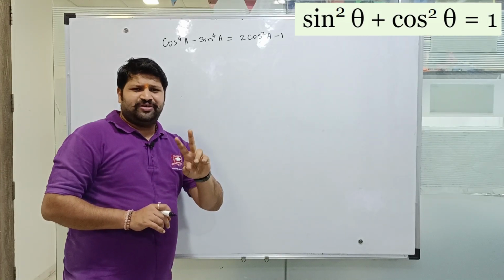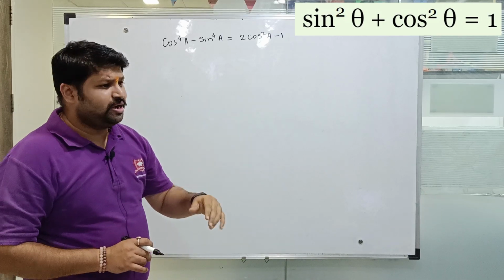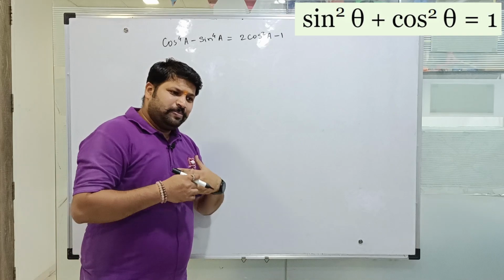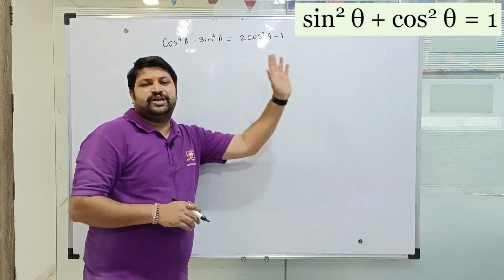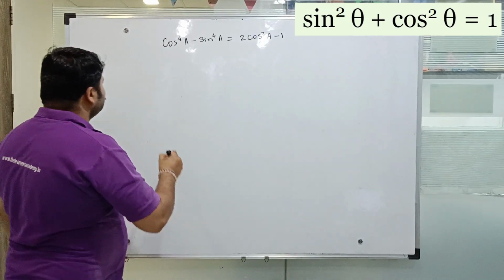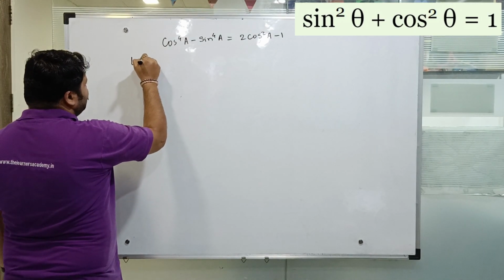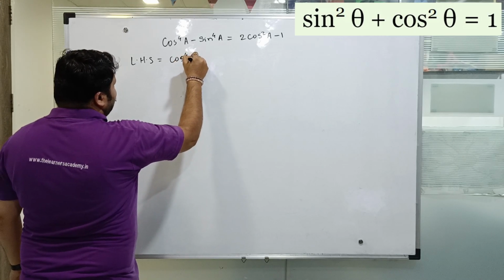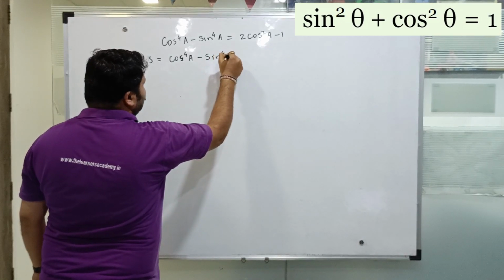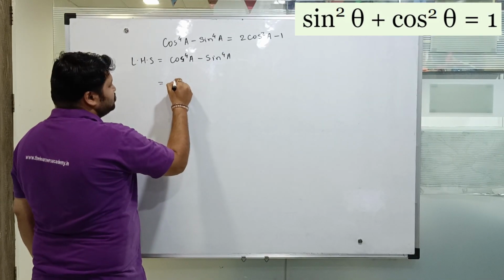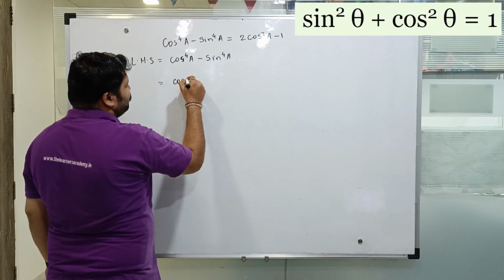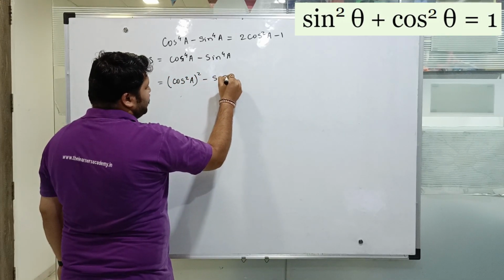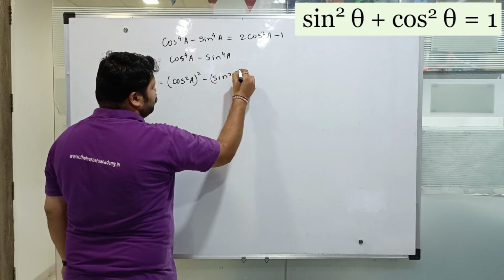Now, as I have told you prior to this, there are two ways of proving it. We can start with the right hand side or we can start with left hand side. Personally, I favor to start with left hand side and go to the right hand side. So first I write my left hand side. My left hand side says cos to the power of 4a minus sin to the power of 4a. So this can be written as cos to the power of 2a square minus sin to the power of 2a square.